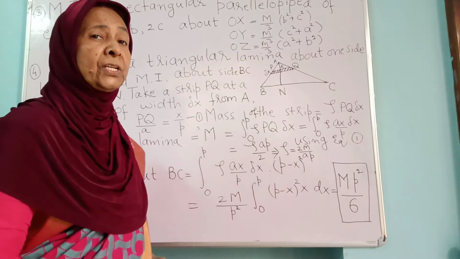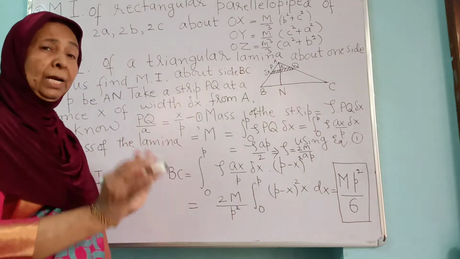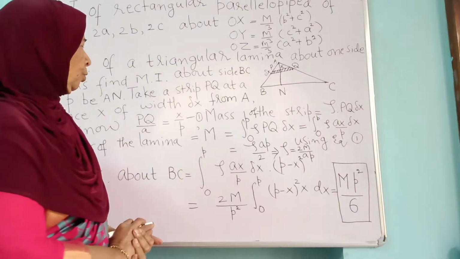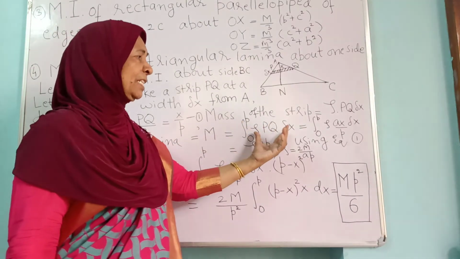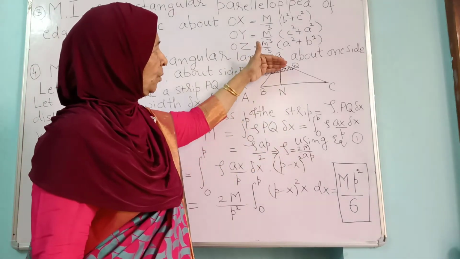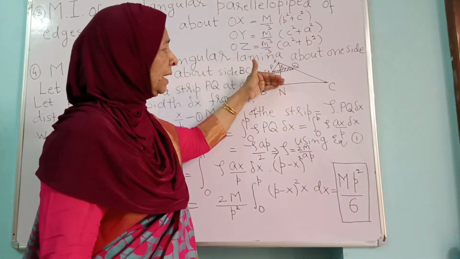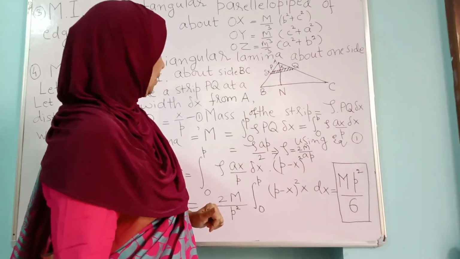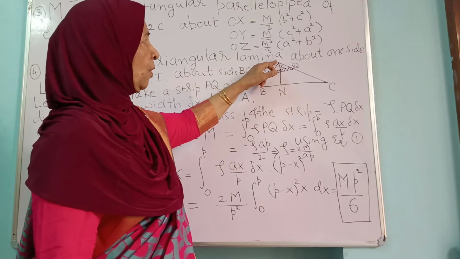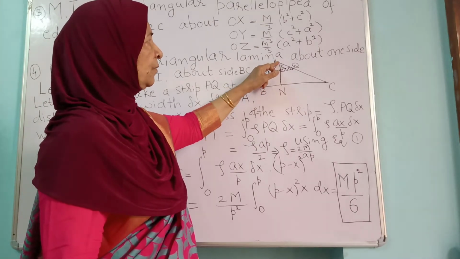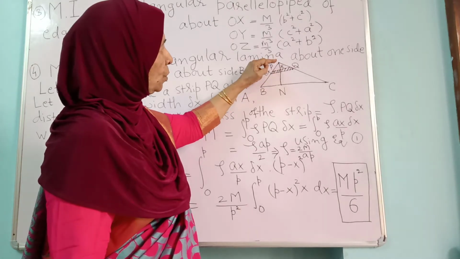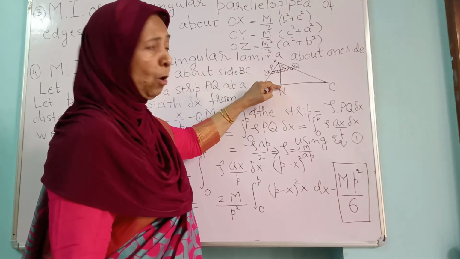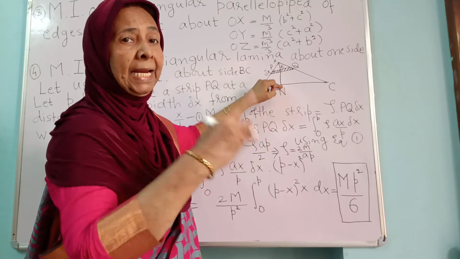Now we are interested in finding out the total mass of the lamina. So the total mass of the lamina will be the sum of this mass over many such strips. So x varies from 0, this is the origin we are taking, to small p, that is 0 to AN.